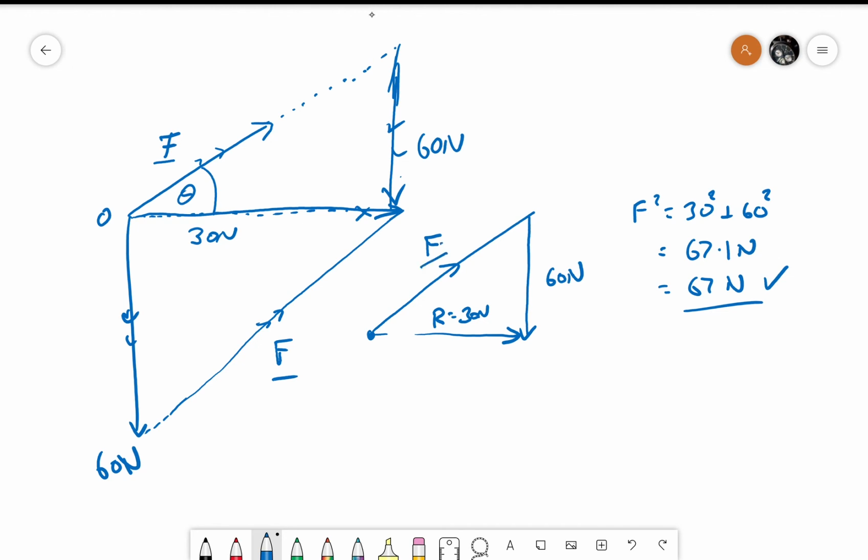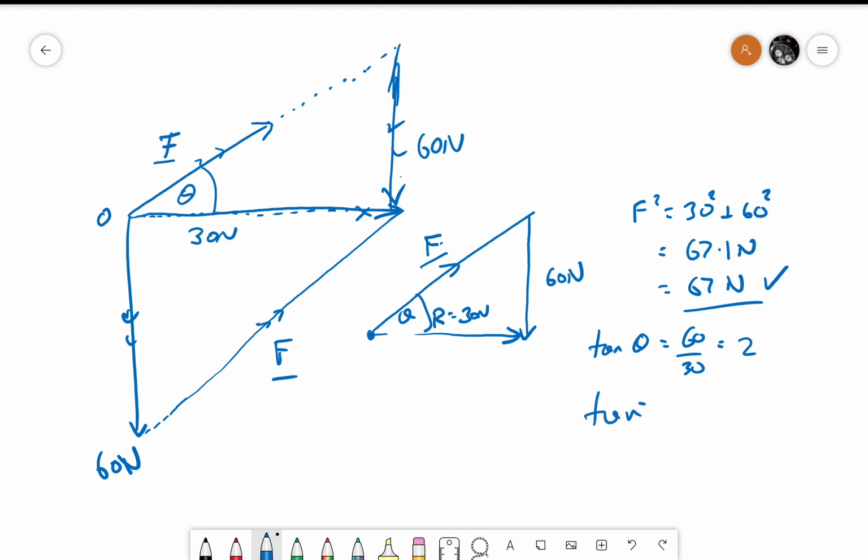this vertical 60. The angle, theta, well, we've got 60 and 30, so we can do some simple trigonometry. So tan of theta is equal to 60 over 30, which I think you can see is 2.